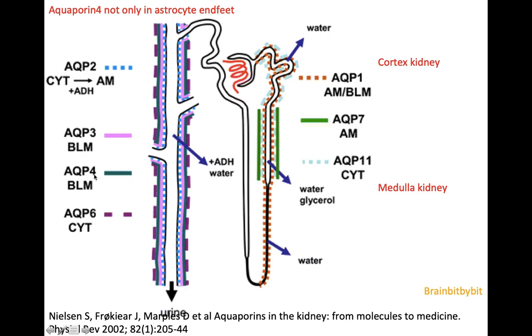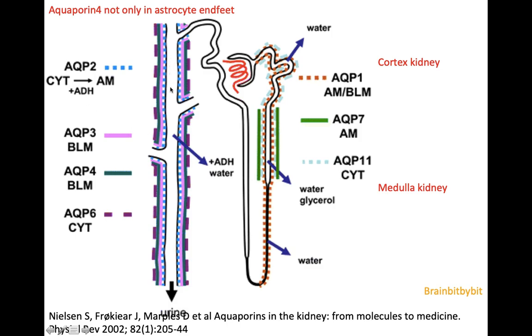Aquaporin 4 is present in the collecting duct, so it's not only present in astrocyte end feet. Aquaporin 2 is mainly influenced by the antidiuretic hormone.